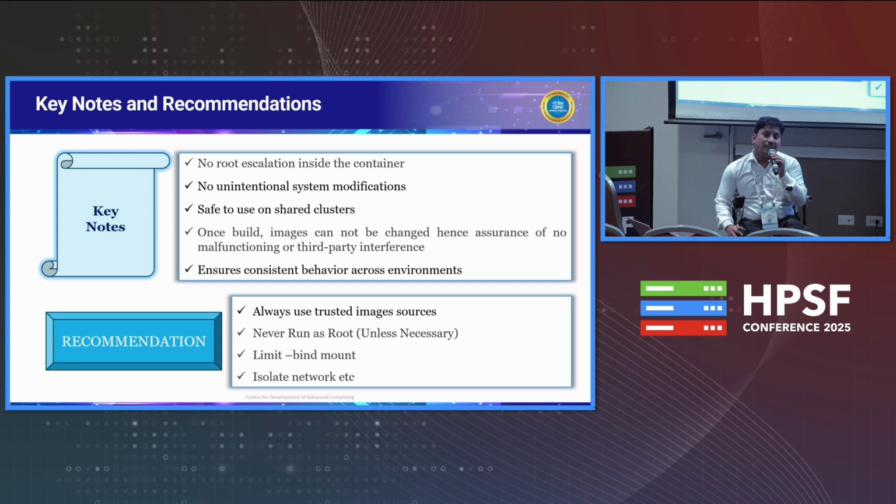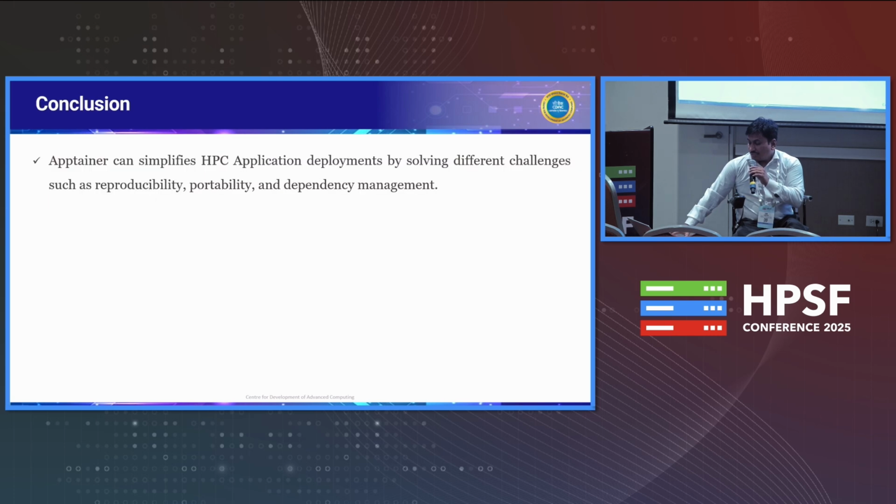And certainly you can limit the bind. This is also one of the very good features, I personally feel, with Apptainer: you can expose only the required directories to that particular image for the user, so that data security concerns can be addressed by Apptainer.